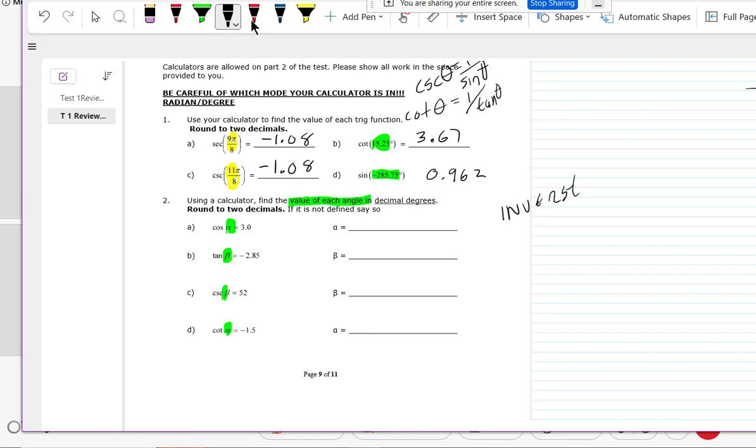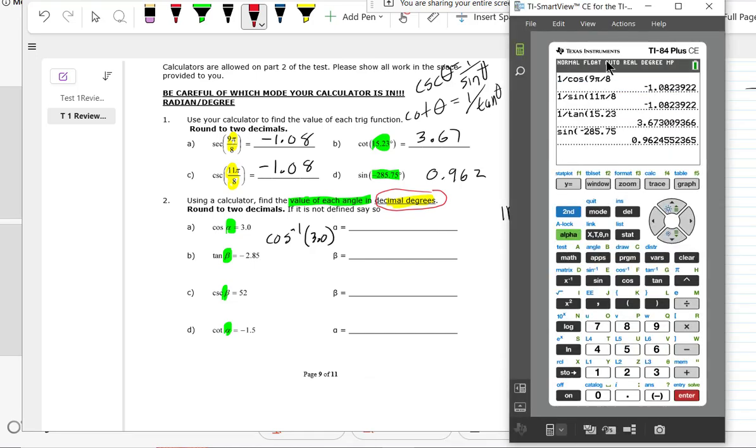You're working in reverse. So the way you would type in this first one is inverse cosine of 3.0. What's critical is what I'm asking for in my directions. I want the answer in degrees. You're going to get an angle, and I would either ask you to give me a degree answer or a radian answer.